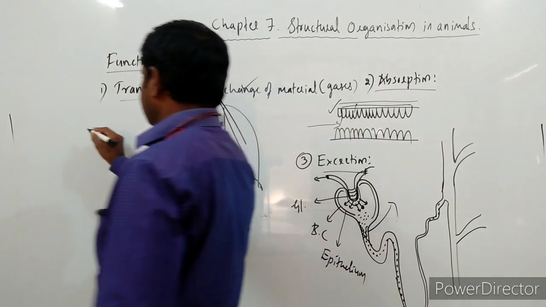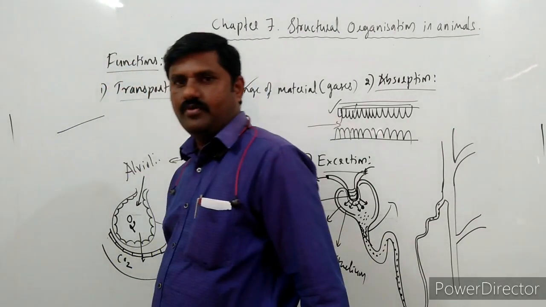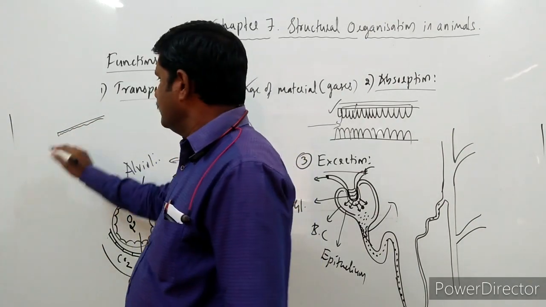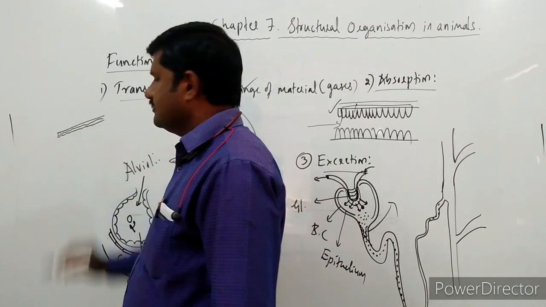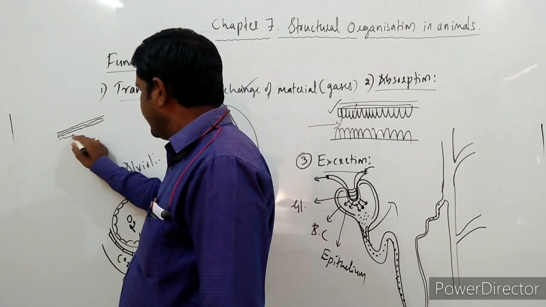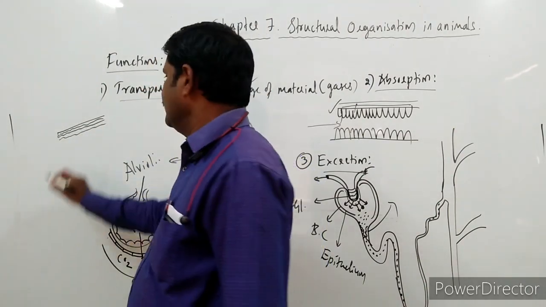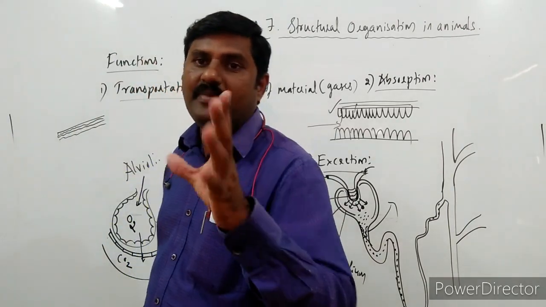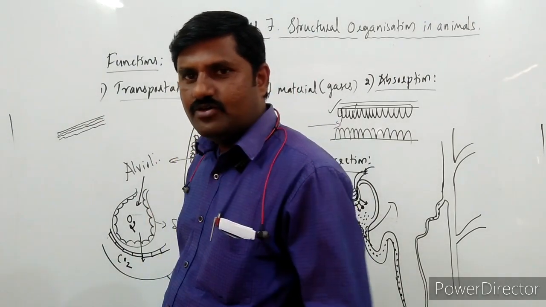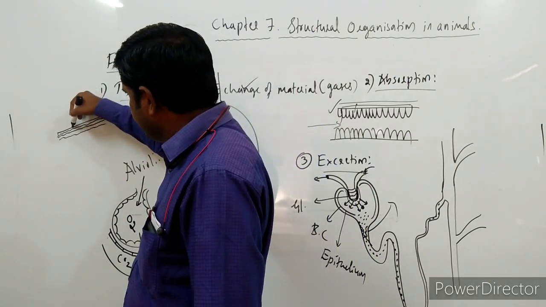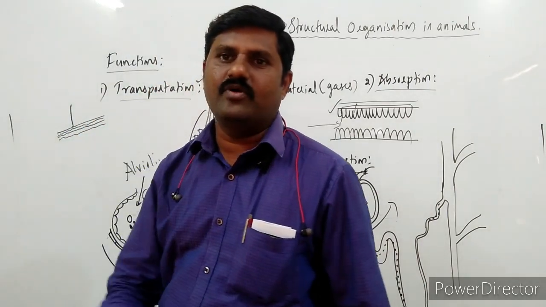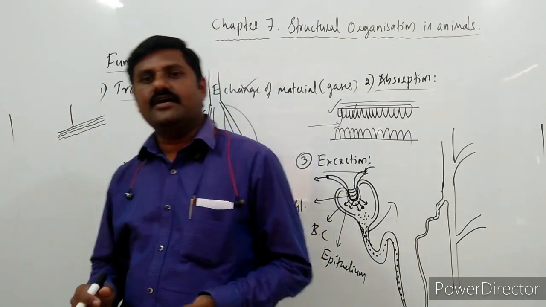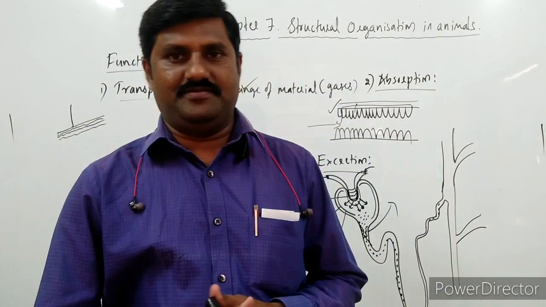Say for example, this is the covering of the body which is laid by any one of the epithelium, and below that one basement membrane is present over here, and below that one any other tissues are present over here. So if this epithelium is not there, then underlying tissue will be damaged because of some of the reasons. Okay, so that's why it is protective in nature. It protects our body from the external stresses, right? So hence it also helps in protection.